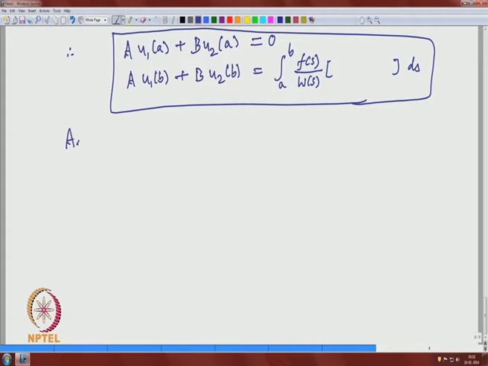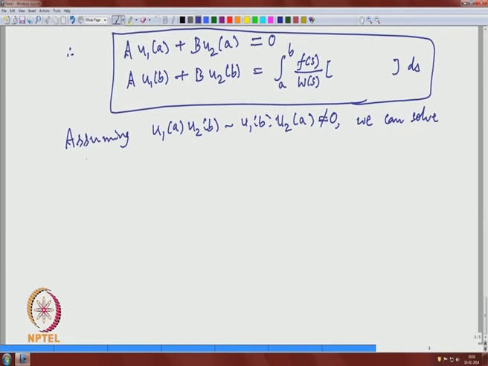So, assuming, here the determinant is just u1 a u2 b minus u1 b u2 a not 0, we can solve for A and B uniquely.